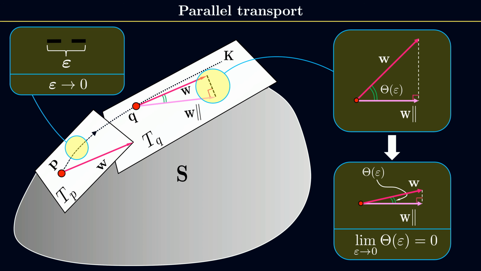Consequently, the normal component of the transported vector also becomes infinitely small. As a result, the reduction in the vector's length at each step turns out to be a second-order infinitesimal relative to the step length. Therefore, in the limit, as the step length tends to 0, the total loss of length also approaches 0. Thus, parallel transport preserves the length of the tangent vector.